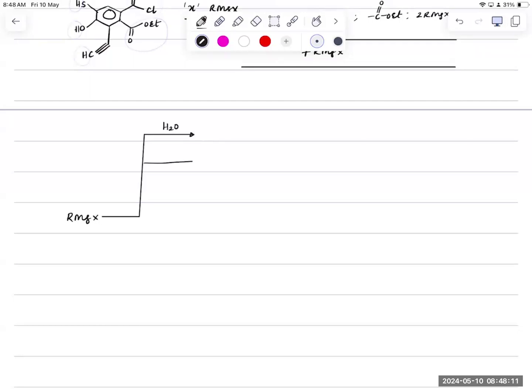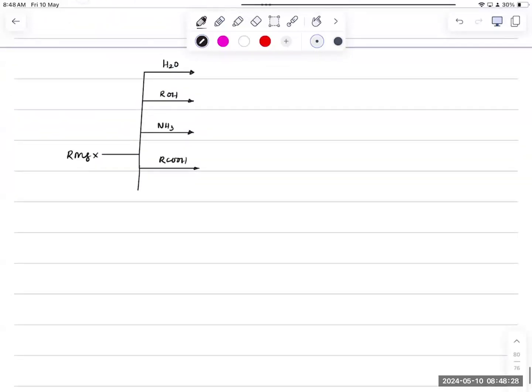Water, alcohol, ammonia, NH3, any carboxylic acid, RCOOH, or amines with acidic hydrogen on them, RSH, any type of RSH.